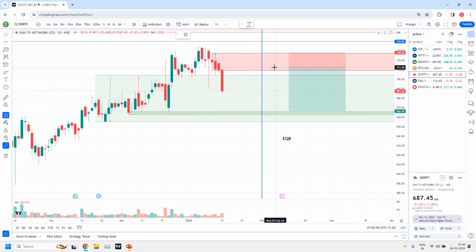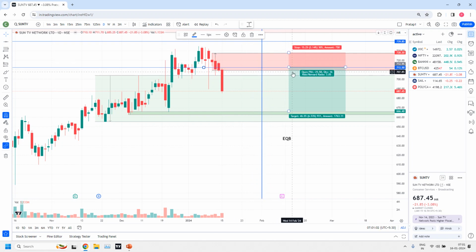Let me draw a horizontal line here. Assume this horizontal line is your entry. Even though you go for type 2 entry, sometimes type 2 entry doesn't give you enough reward. At that time you need to reduce. How do you reduce?